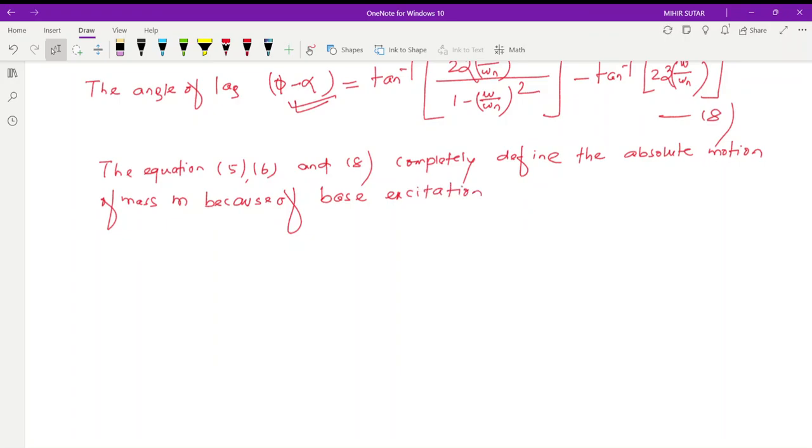Okay, because of base excitation. This condition is for the absolute amplitude.